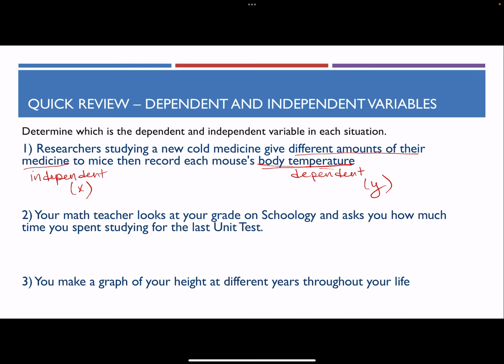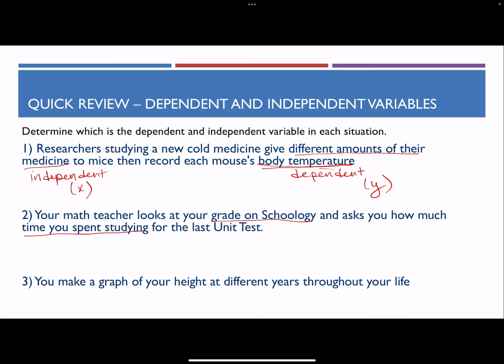All right? Read number 2 and try this one. Your math teacher looks at your grade on Schoology and asks how much time you spent studying for the last unit test. So think about it. What are your two variables? Which one's independent? Which one's dependent? How much time you spent studying is one variable, and your grade on Schoology is another variable, right?